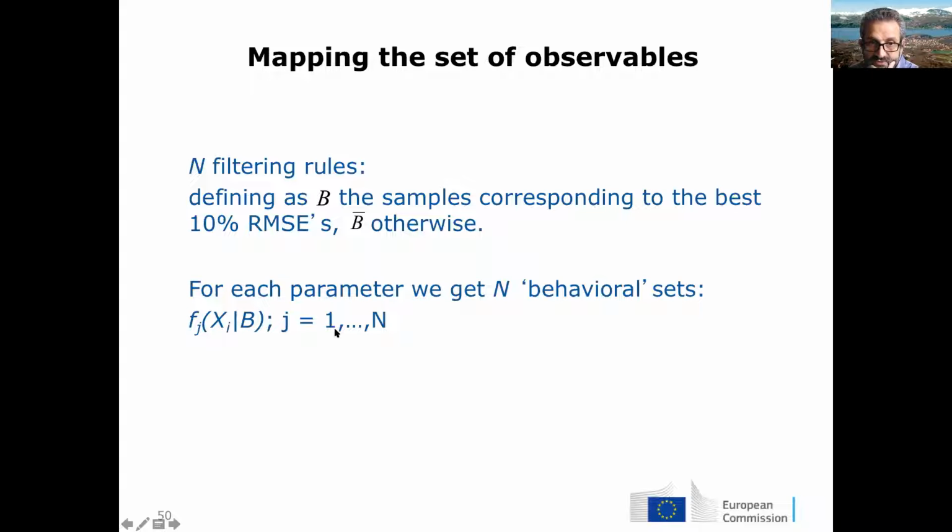Because for each observable j, you have a cumulative distribution of x associated to the best fit of j. Okay, so this means that you have a Monte Carlo sample with all your parameters randomly drawn at the same time and the entire set of observables.